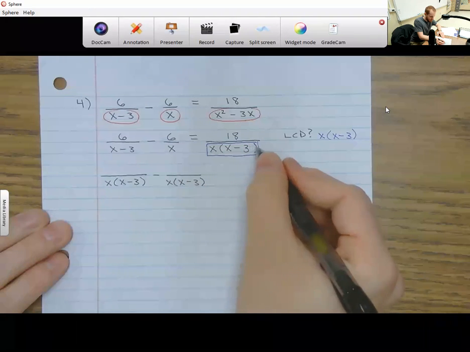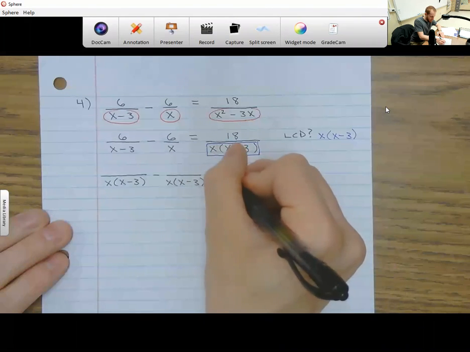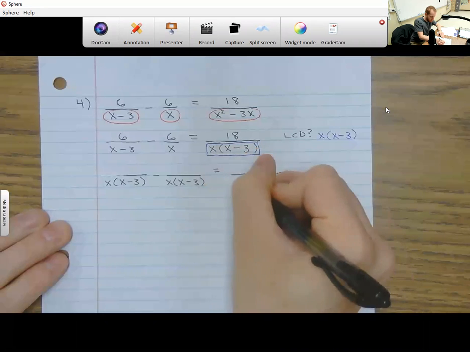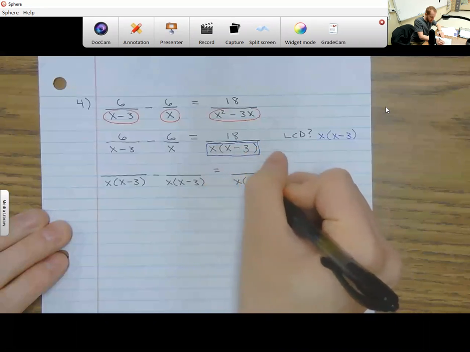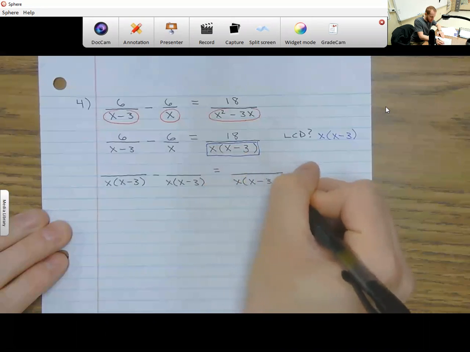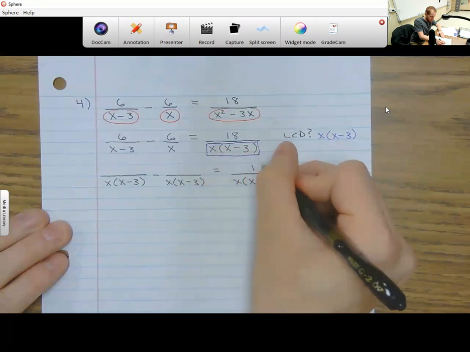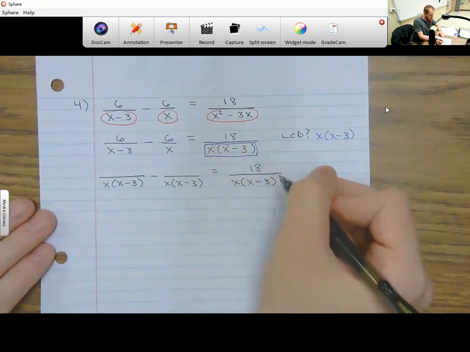Meanwhile, this fraction on the right side already has that lowest common denominator, so I don't have to change it. It's already x times x minus 3. So I'll leave the 18 up here. Don't need to change that.